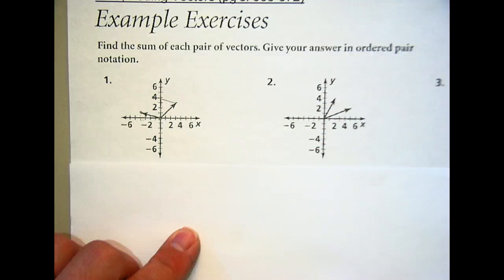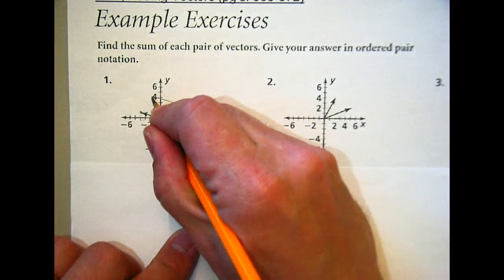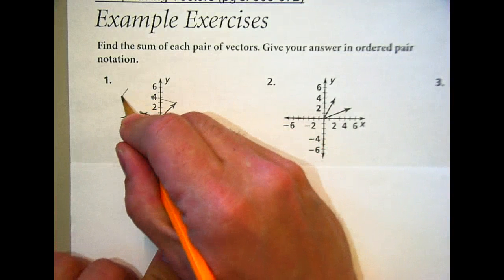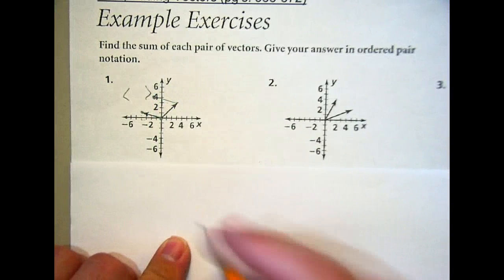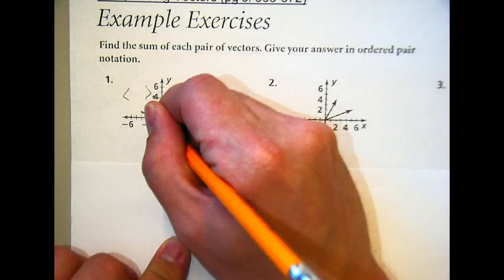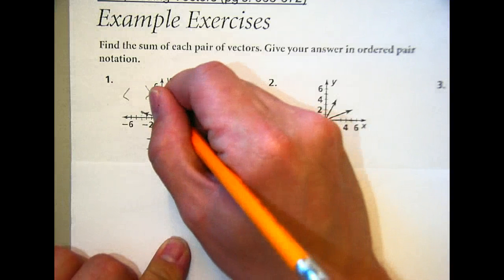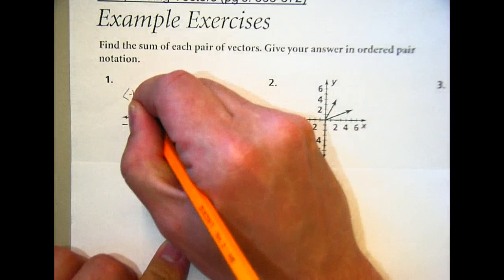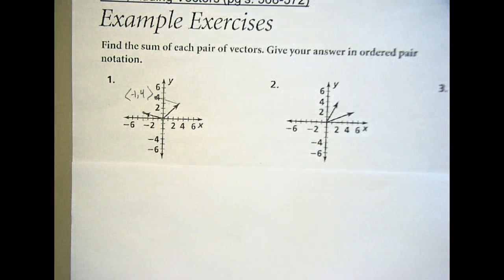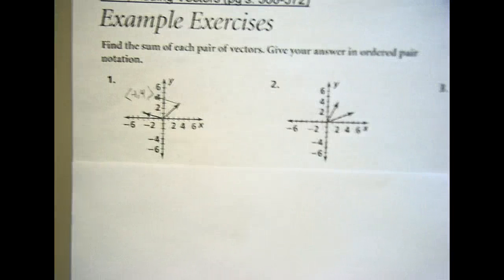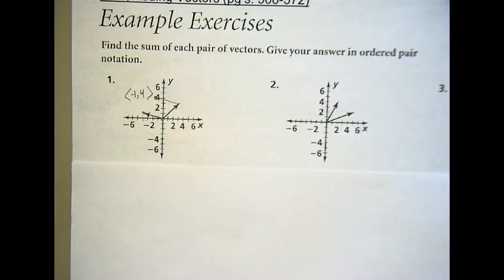Where are you at, Eli? Negative 1 and 4. That is the resulting vector. We get a point. Yes, Gracie got one. Everyone try number 2.